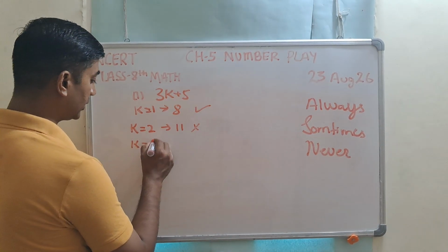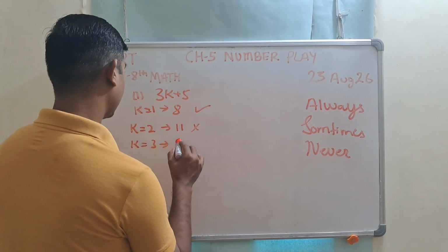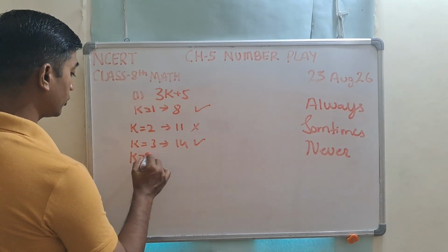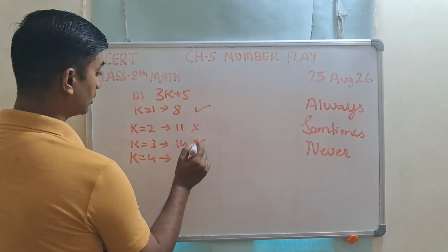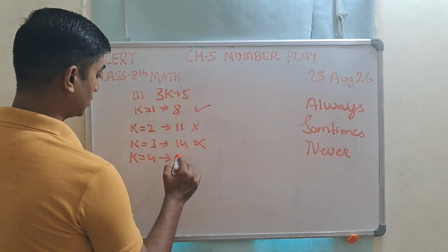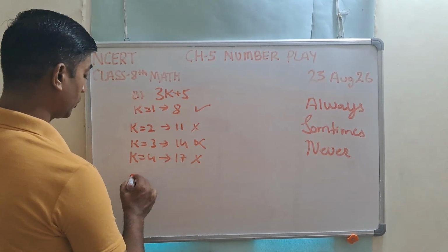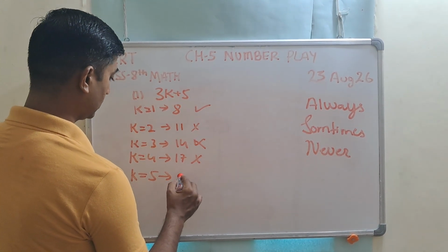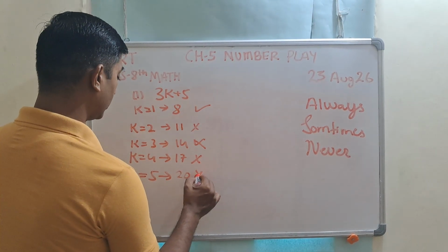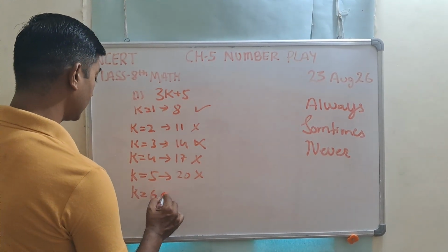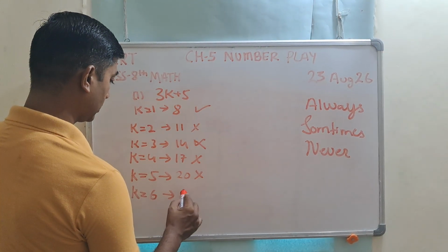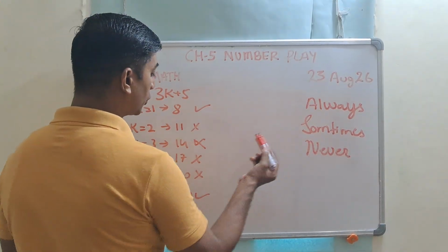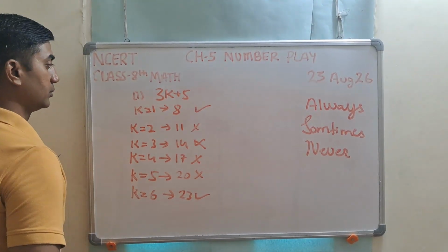When k is equal to 3, the result is 14. Not true. When k is equal to 4, the result is 17. Not true. When k is equal to 5, the result is 20. Not true. When k is equal to 6, the result is 23, which is true. This means this is the case which is sometimes true and sometimes not true. Understood?